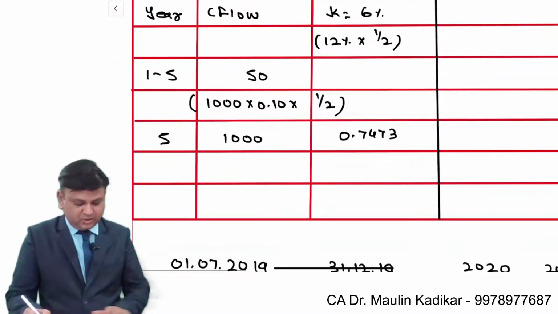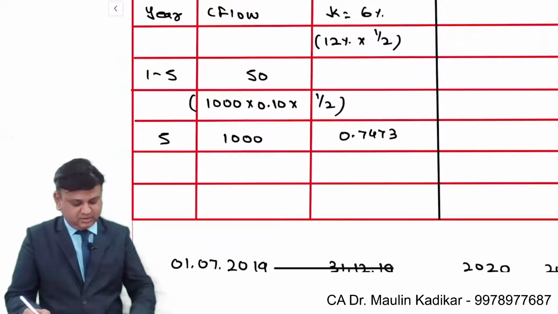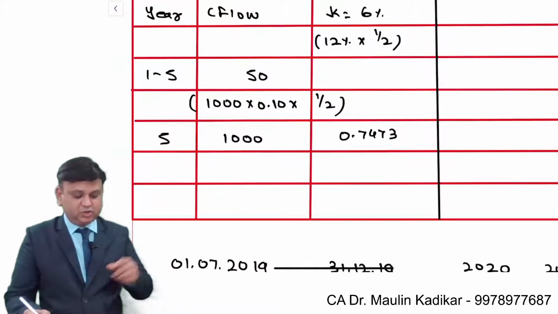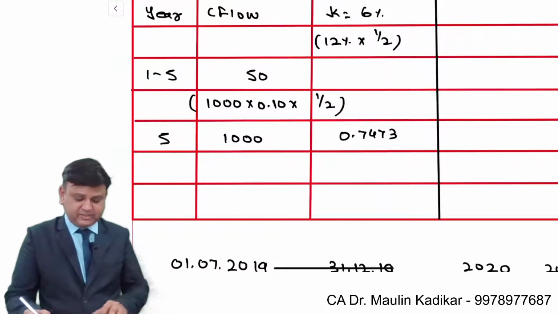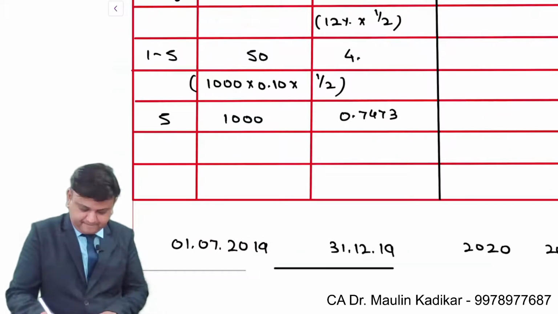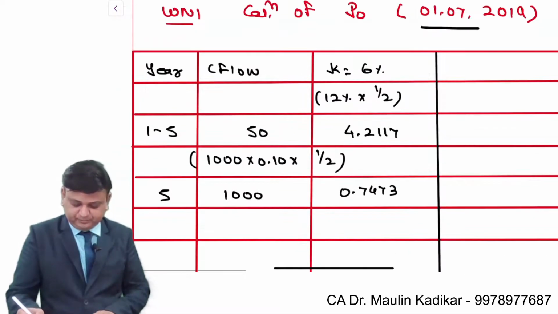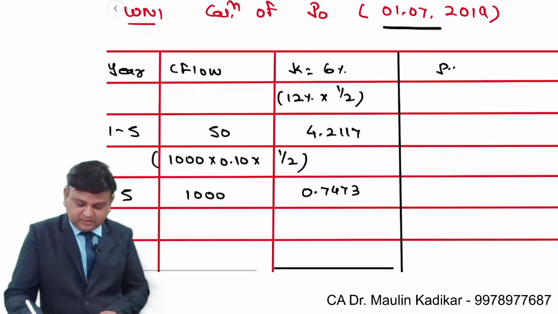Correct me if at all I am wrong. 1 minus 0.7473 divided by 0.06. So 4.2117. Present value.